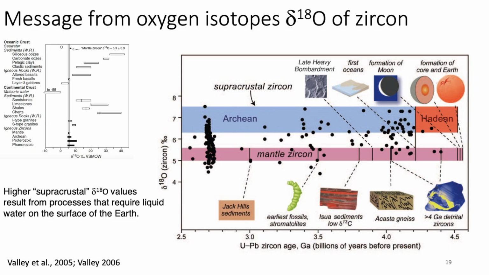And this supracrustal signature requires that there is water at the surface of the Earth. So this graph is not exactly accurate in terms of the dates and the samples, but that's to give you an idea. It's a simpler one. So since the very beginning here, we do have ratios that testify for the presence of liquid water.